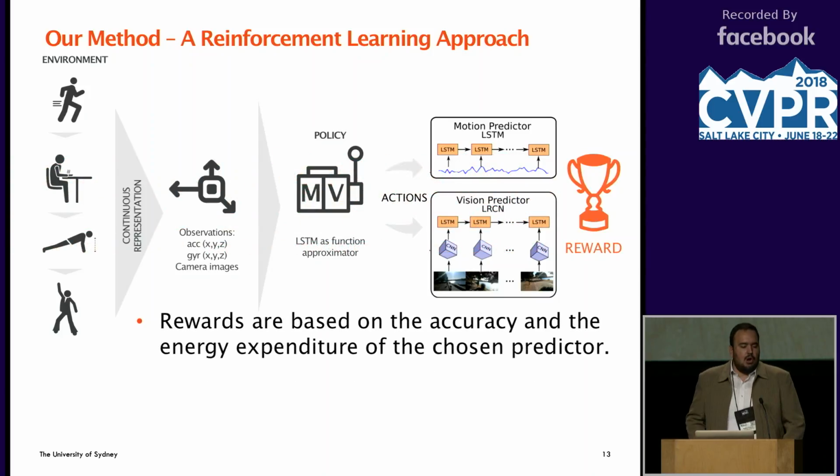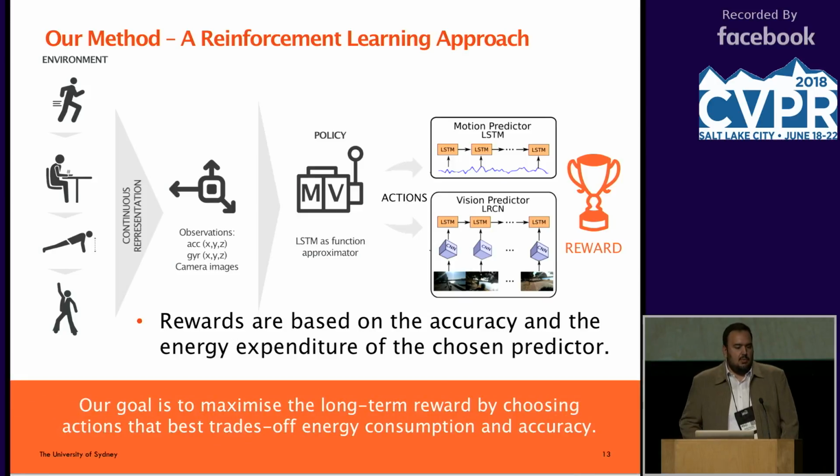And we give a reward for that. The reward is actually based on the accuracy and the energy expenditure of the chosen predictor. And in the end, what we are looking for here is to maximize the long-term reward by choosing actions that best trade off energy consumption and accuracy.